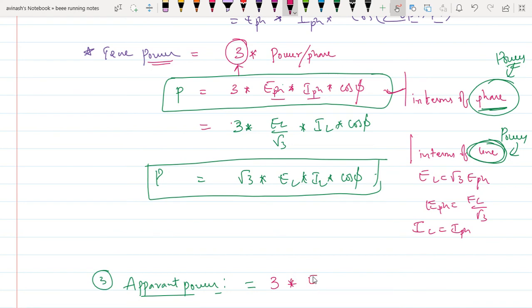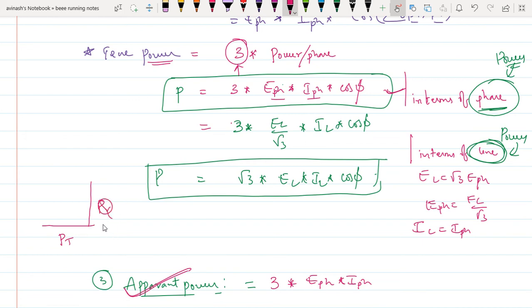So 3 into E phase into I phase. There is no angle between the voltage and current. This is what the apparent power is. If you draw a triangle like this, this is the true power, this is the reactive power.